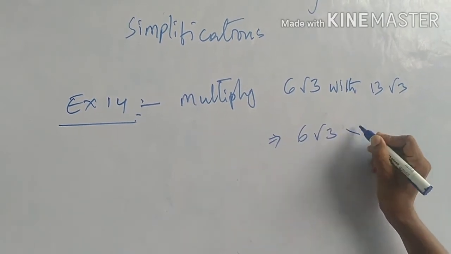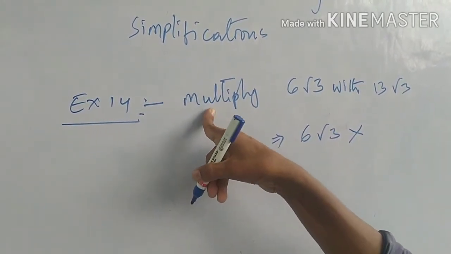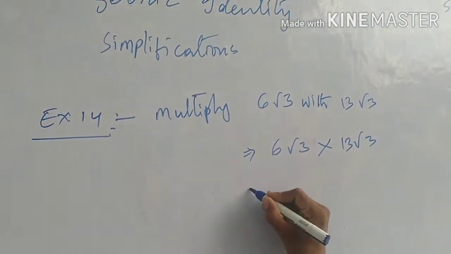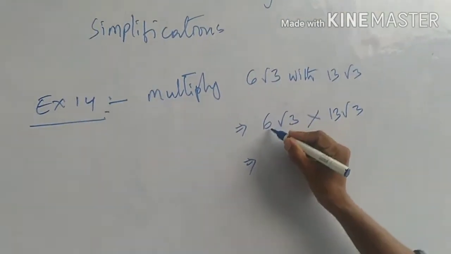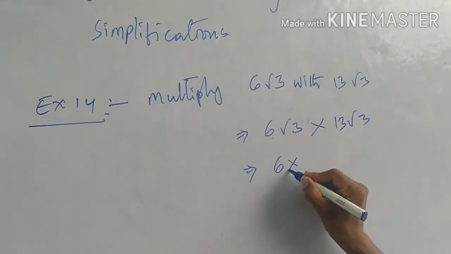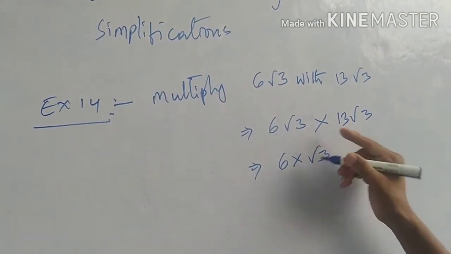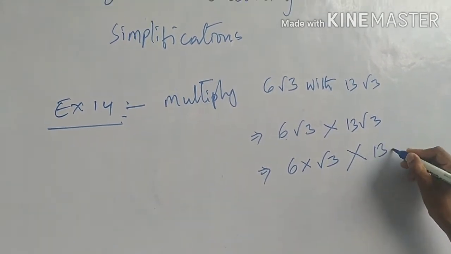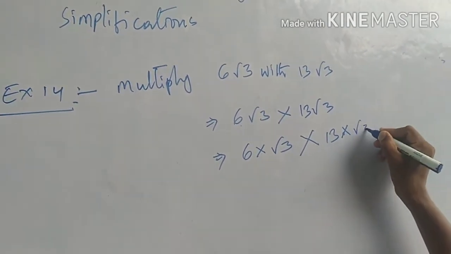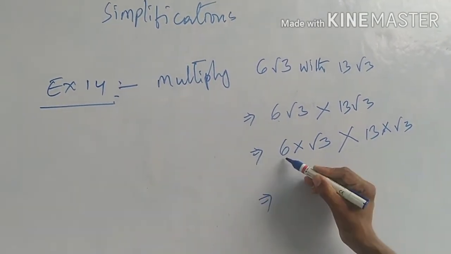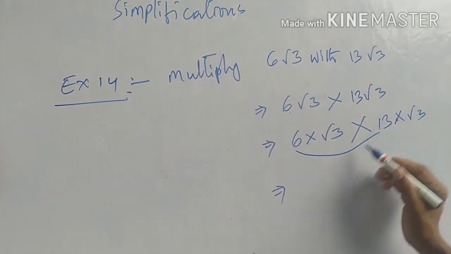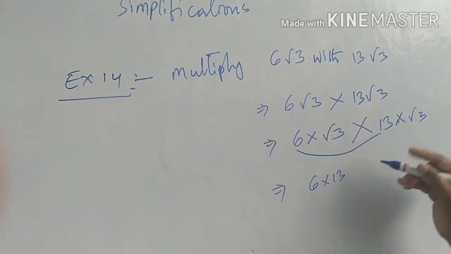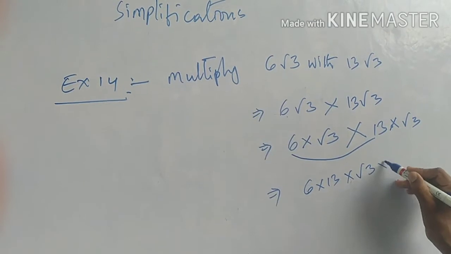Question is multiplication: 6 root 3 into 13 root 3. 6 root 3 is nothing but 6 times root 3, 6 into root 3, into 13 root 3, which is nothing but 13 into root 3. Integers are 6 and 13, 6 into 13. Irrationals are root 3 into root 3.